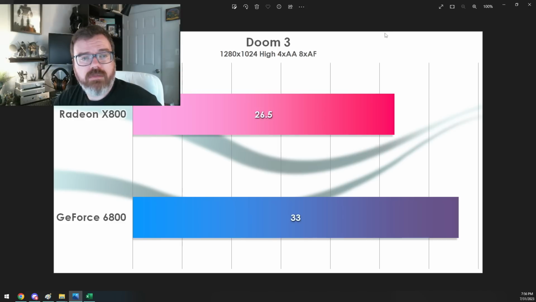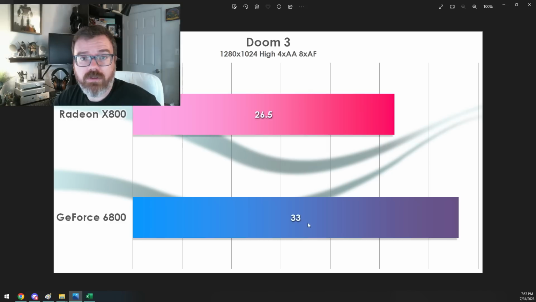And then we have Doom 3, again 1280 by 1024, both of them turning out not great frame rates. You'd probably want to lower the resolution or turn off AA to actually play the game, and the 6800 does have an advantage. It typically is a NVIDIA favored game, although I noticed with Catalyst 10.2, which I used for this test, ATI cards do perform extremely well.